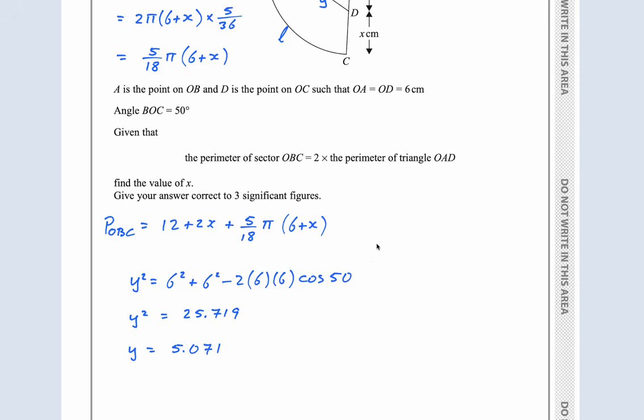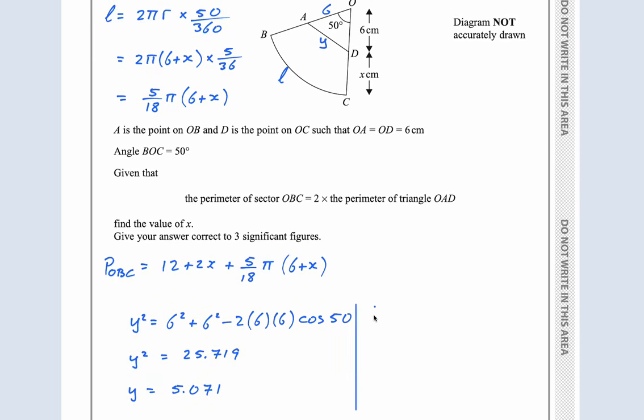Therefore, the perimeter of OAD is 6 plus 6 plus 5.071, which is 12 plus that, 17.071.